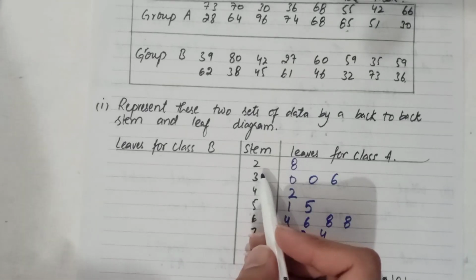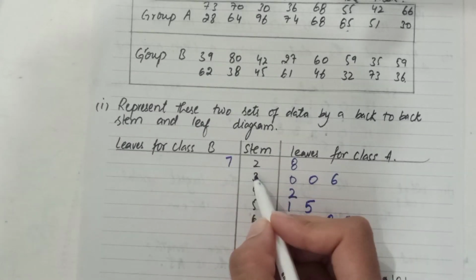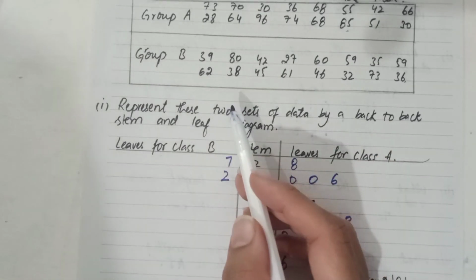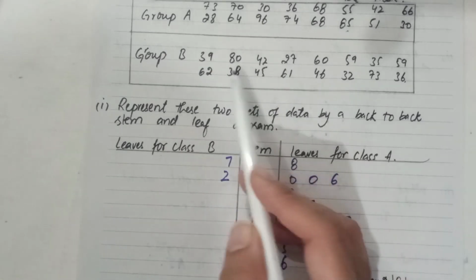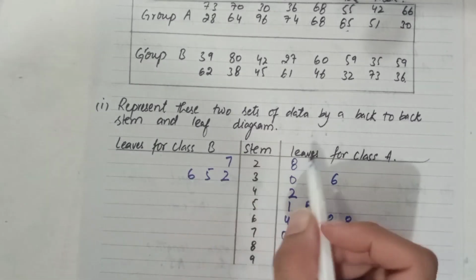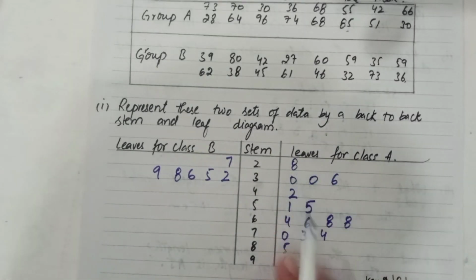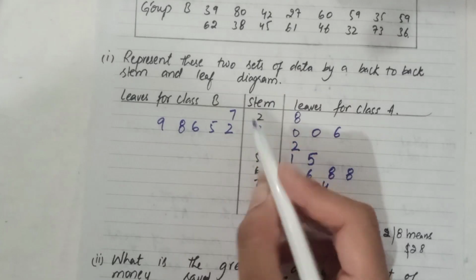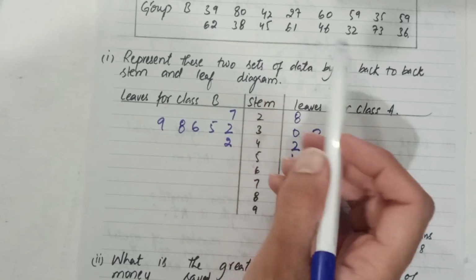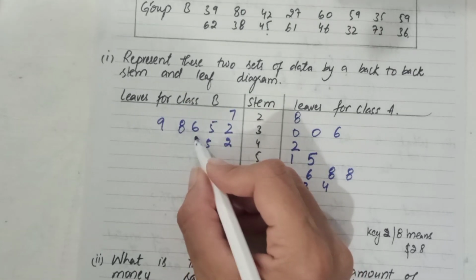For group B, with 2 there are the values 2 and 7. With 3, the values are 2, 5, 6, 8 and 9. With 4, the values are 2, 4, 5 and 6.